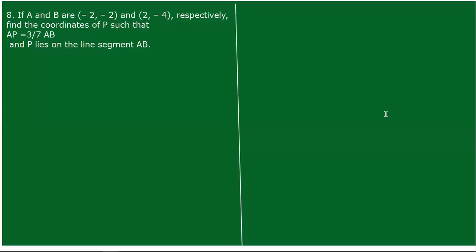Now the eighth one is: if A and B are minus 2 comma minus 2 and 2 comma minus 4 respectively, find the coordinates of P such that AP is equal to 3 by 7 AB and P lies on the line segment AB. So let's draw the diagram first, because without a diagram we cannot come to any conclusion. We don't get any idea.